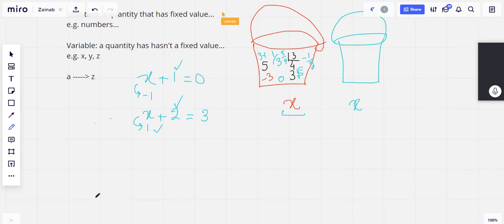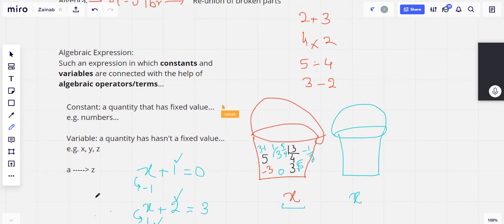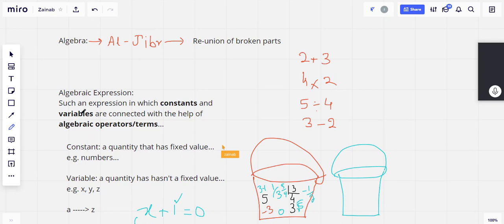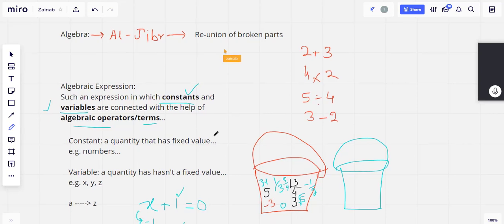Getting it? Yep. So in the definition, I said such an expression in which constants, which is clear now, and variables, which we also defined and is clear now, are connected with the help of algebraic operators and terms. So now let's discuss algebraic operators and terms, and then I will give you the example of an algebraic expression, and then you will get it.